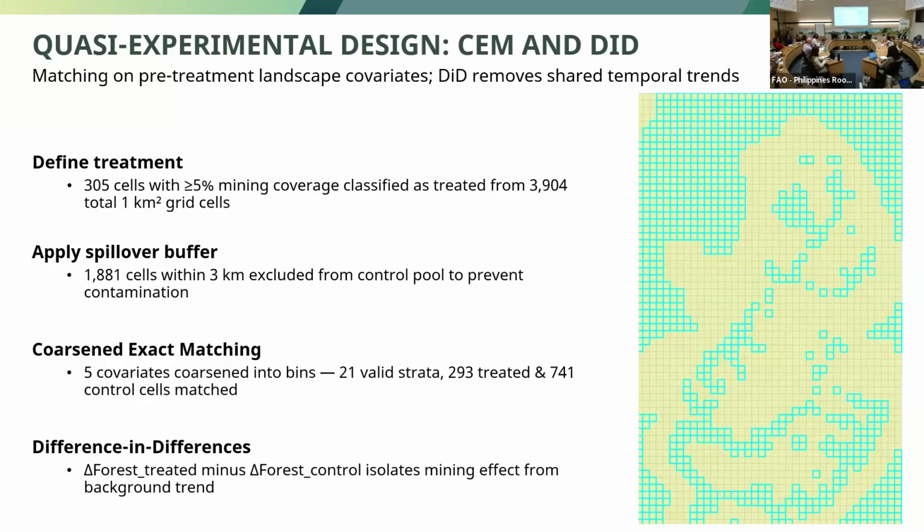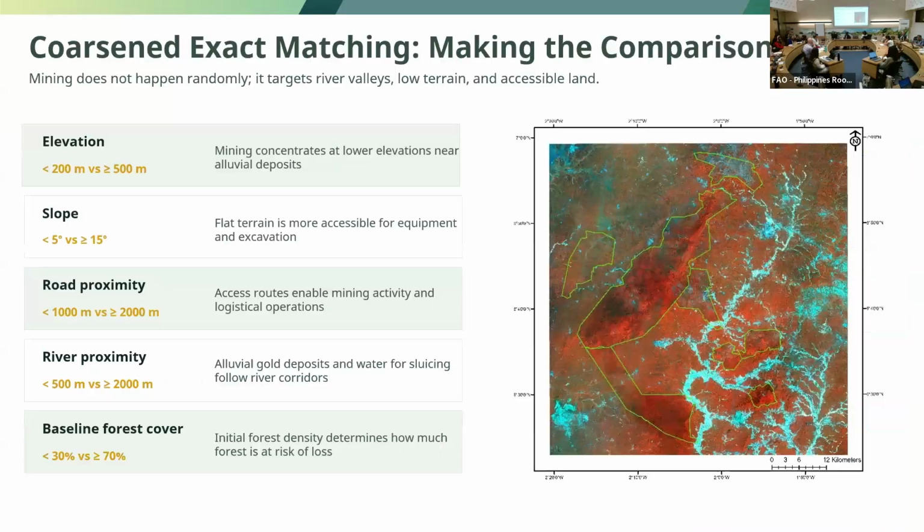But to account also for spillover effects, we applied a 3 kilometer buffer and excluded any pixel that was within it from the control pool to prevent contamination. And then prior to the difference in differences estimation, we matched the treated and the control. We used 5 covariates, but I'll get to that in a minute. And then subsequently, we estimated the causal impact.